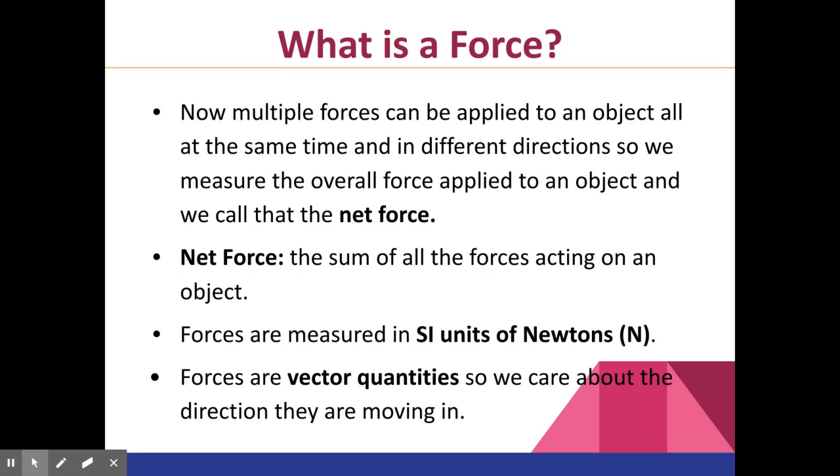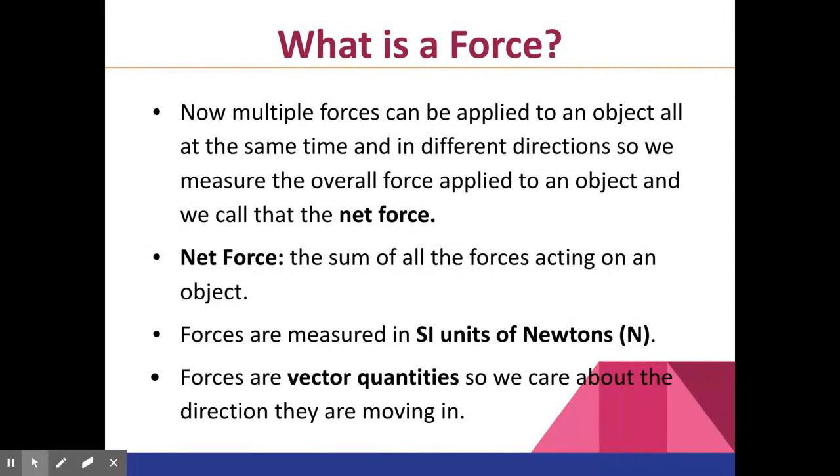The word net is used exactly the same here: net force is the force you're left with after you've subtracted anything or added anything together in a particular system. And we'll look at what that means later on. But all you need to know for the most part is that the net force is the sum of all forces acting on an object.